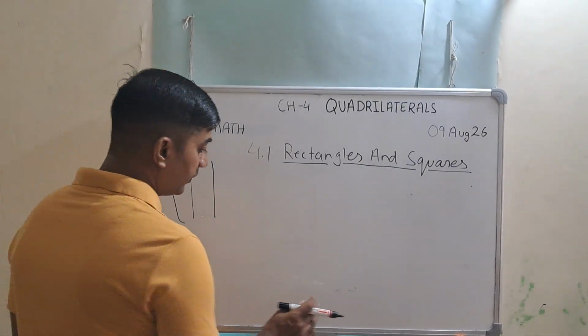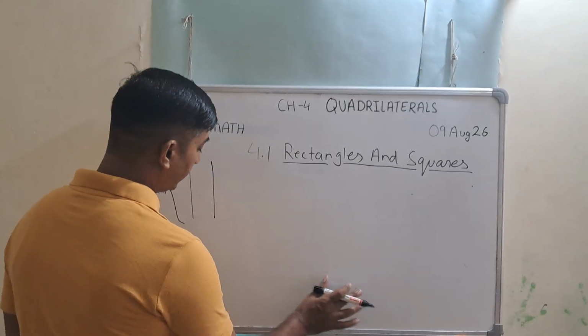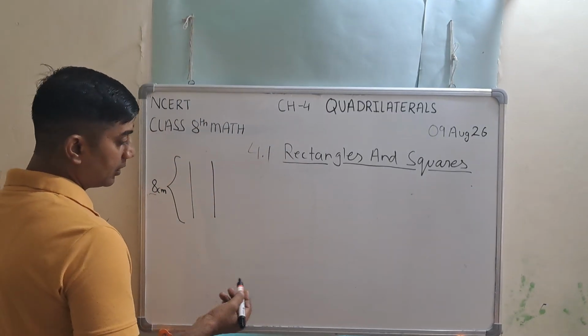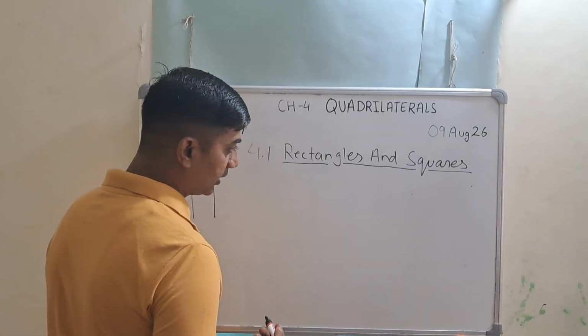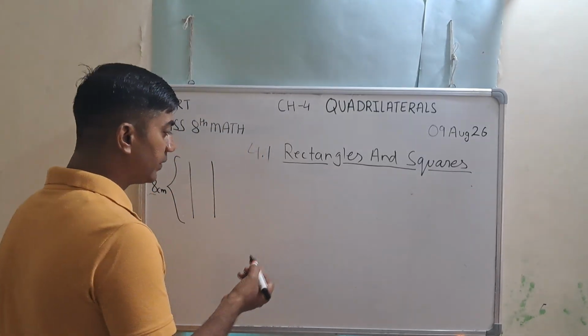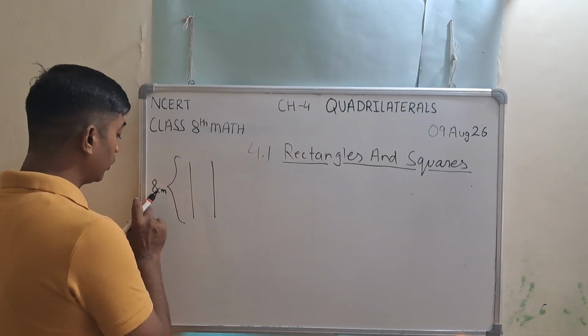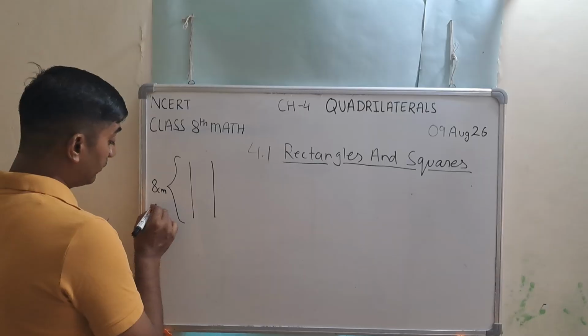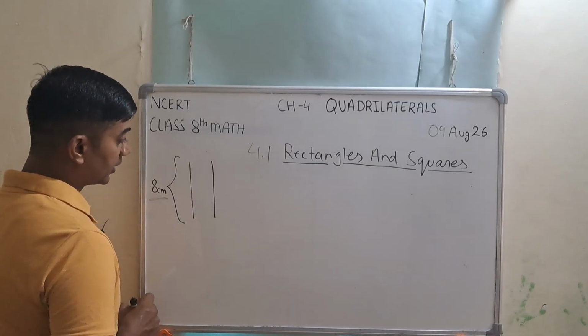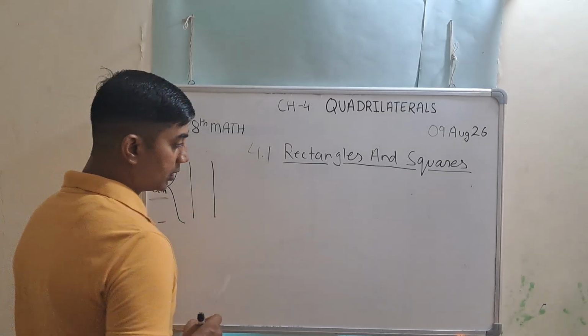We will find the solution of this problem by drawing a perfect rectangle, and then we will deduce and reach the conclusion of the solution of this problem.